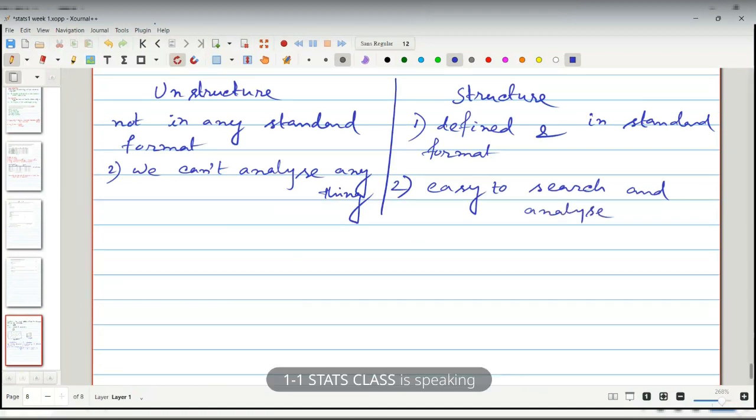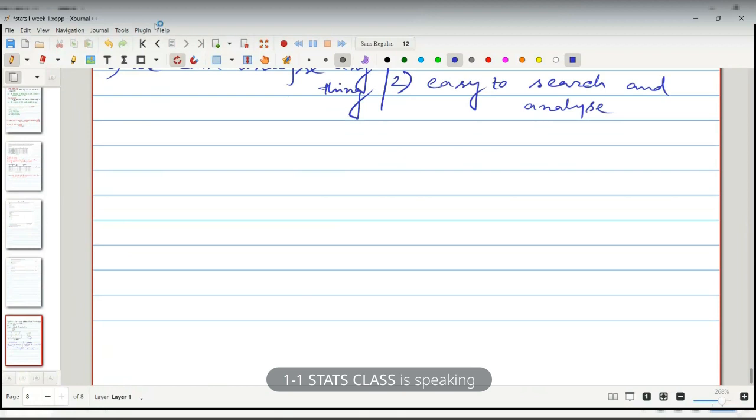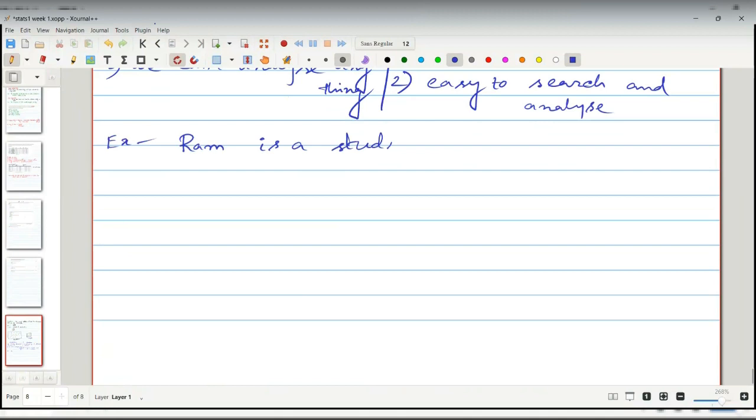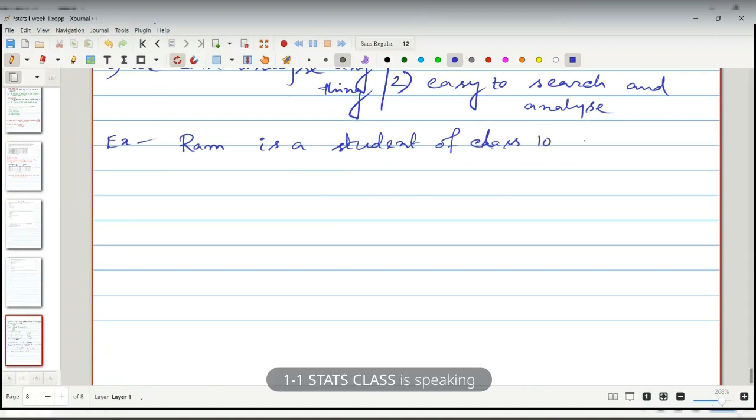Now I am giving you an example. Let's say Ram is a student of class 10 and he is from Chennai.